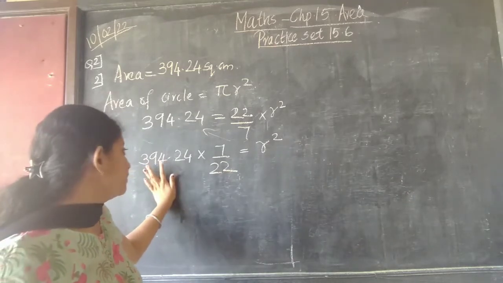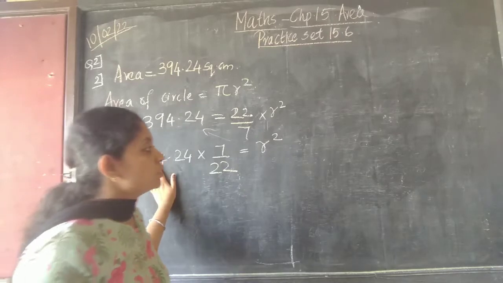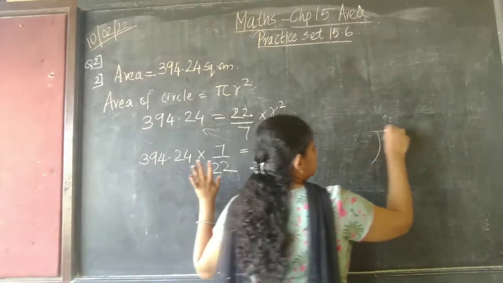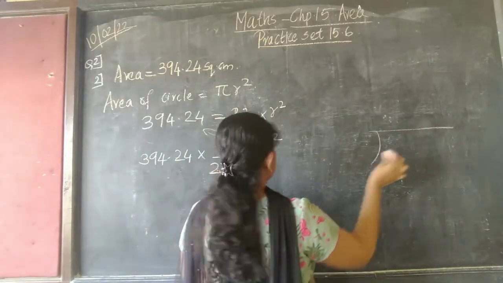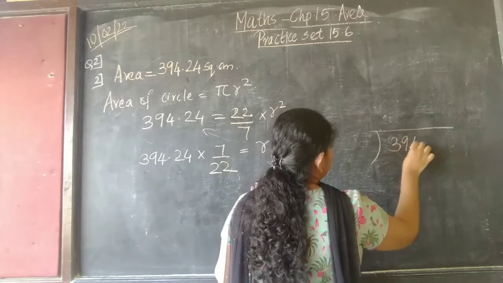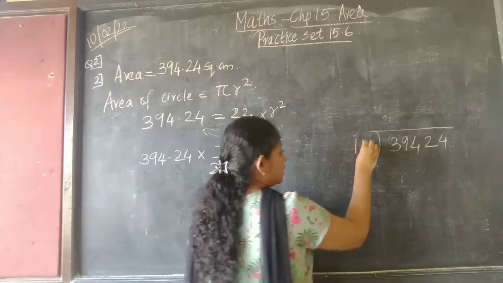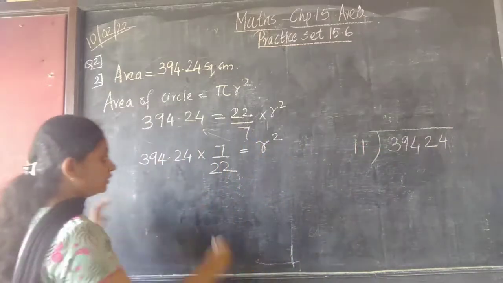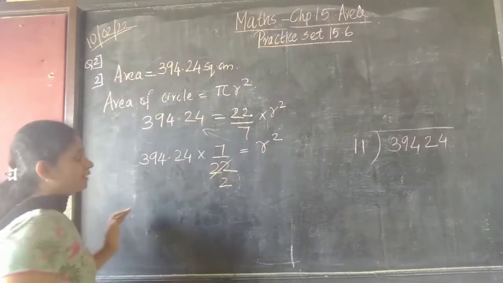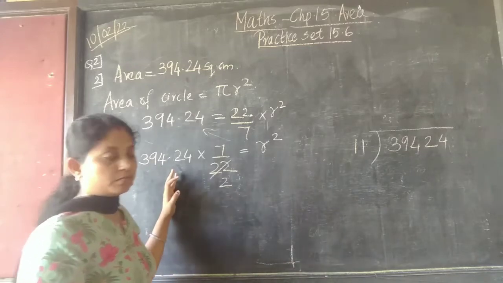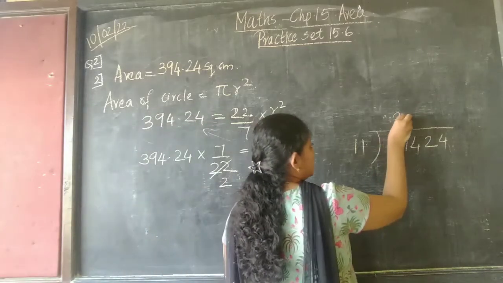So just check 11 how much I will give you this number. So first you can find out 39,424 divided by 11. Here we know 11 2s are 22. 11 how much I will give this number? So here 11 3s are 33.